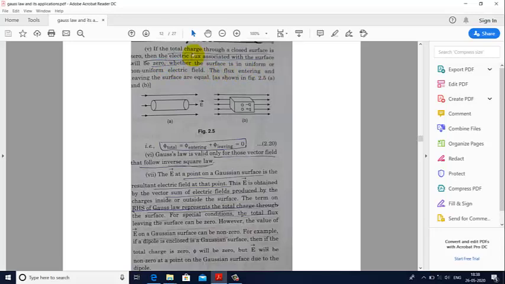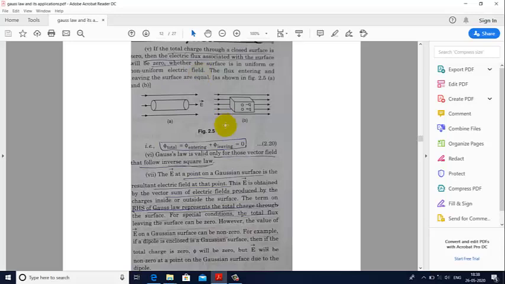Whether the surface is in uniform or non-uniform electric field. Okay, if the charge enclosed inside a surface is 0 and the surface is placed in a uniform or in an electric field, in that case also the total flux from the surface will be 0. Okay, if the surface is placed in uniform electric field, then the lines of force that will enter the surface will also leave the surface at some point of the surface.